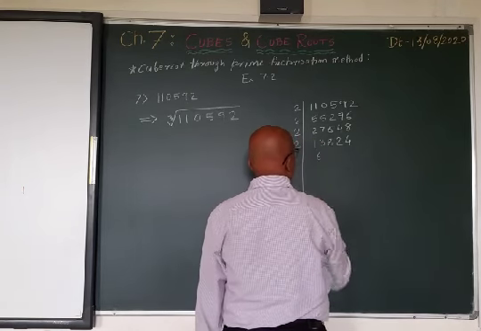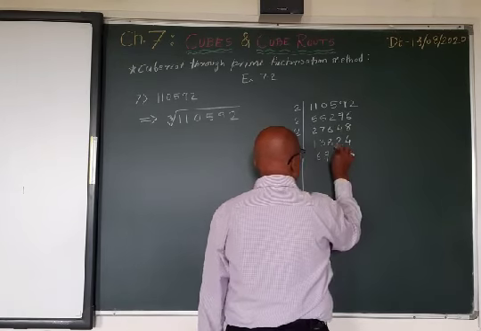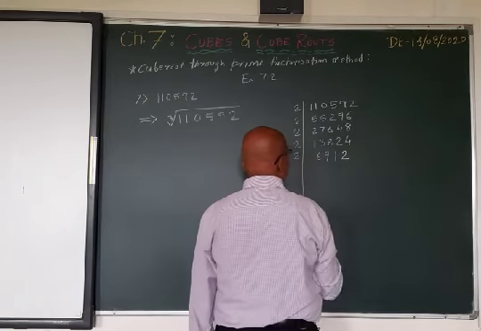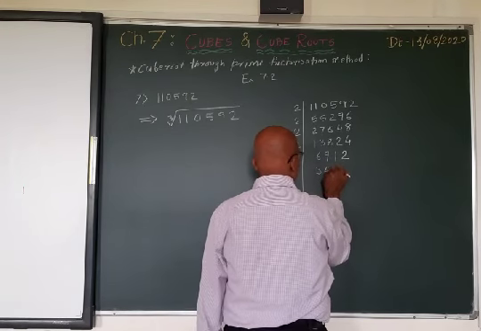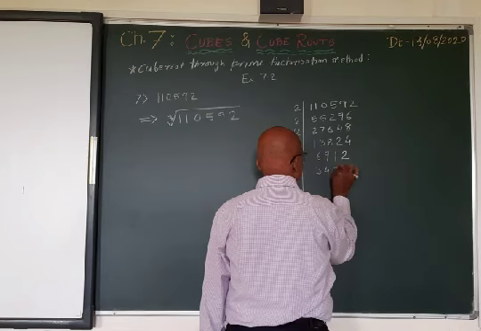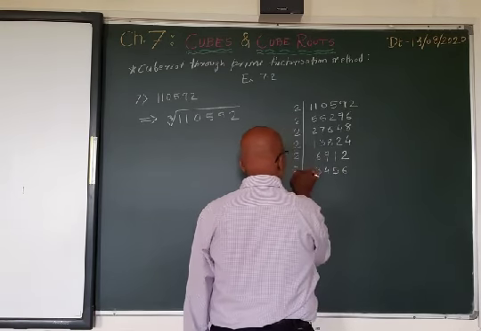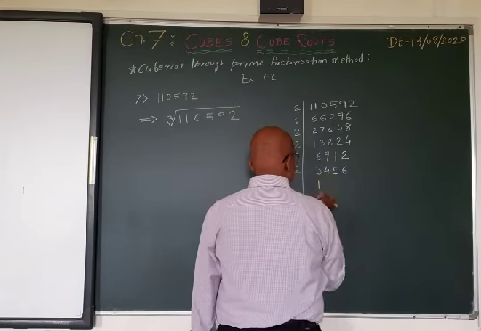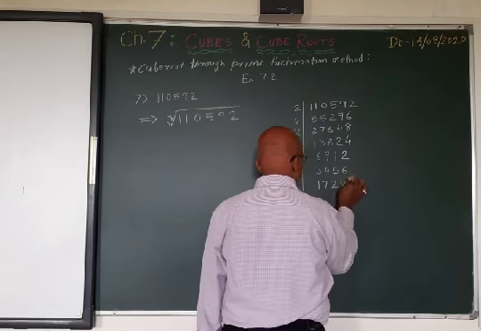So 6 twos are 12, 9 twos are 18, 2 ones are 2, 2 twos are 4. Again 2: 3 twos are 6, 4 twos are 8, remains 1. Again 2: 2 ones are 2, 2 sevens are 14, 2 twos are 4, 2 eights are 16.